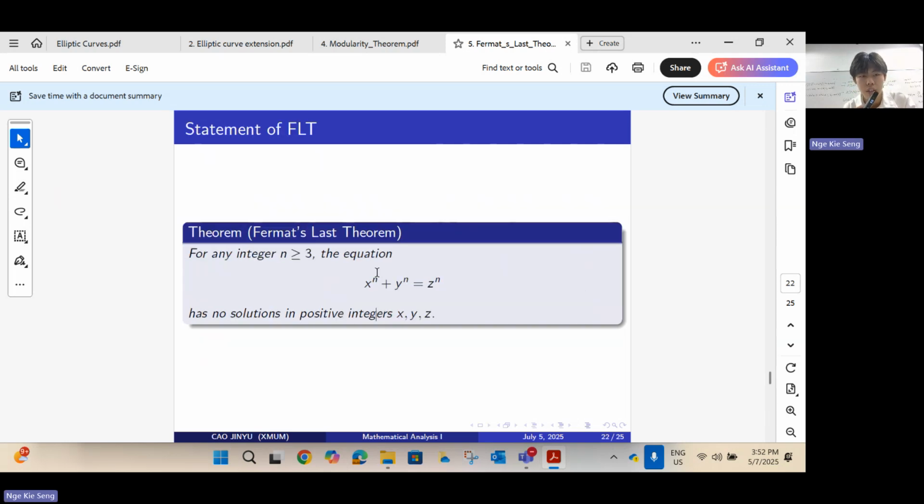So finally, let's see the proof of FLT. The statement says that for any integer n greater than or equal to 3, the equation x^n + y^n = z^n has no solution in positive integers x, y, z.